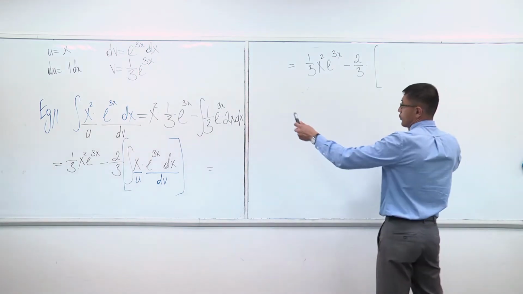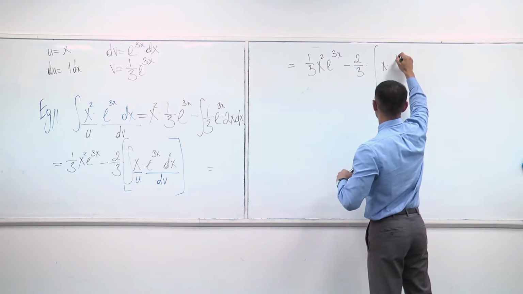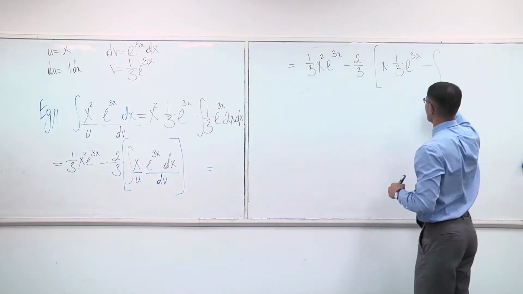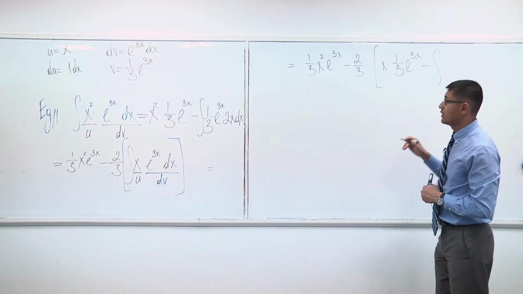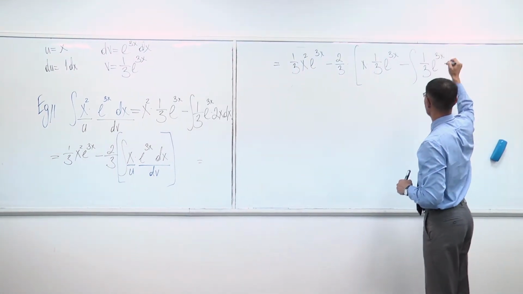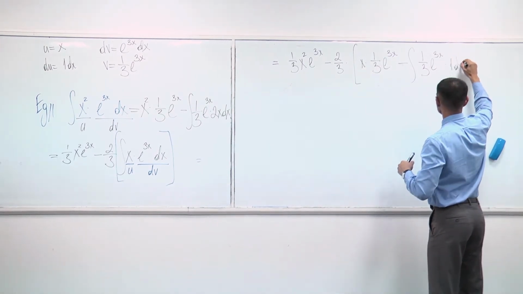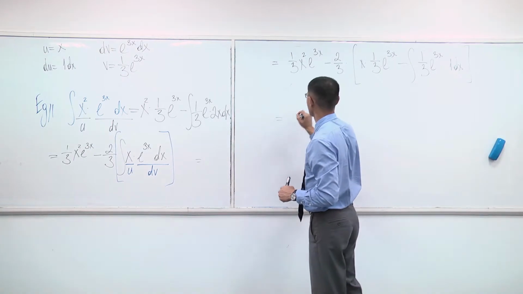So according to the formula, we do u times v. So we will have x times 1 over 3 e to the 3x minus the integral of v du. So v is 1 over 3 e to the 3x, and du is just 1 dx. Okay, so now let's see what happens.